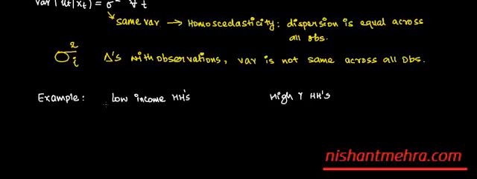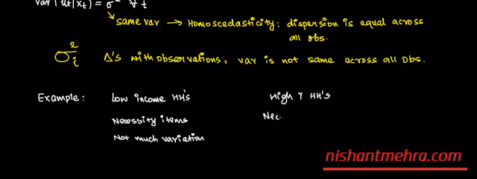You find that a major proportion of their income is being spent on food or on some other necessity items. So there is not much variation in their consumption patterns. While if you look at the high income households, you find that they are not only spending on necessity items, they're also spending a lot on luxury items.